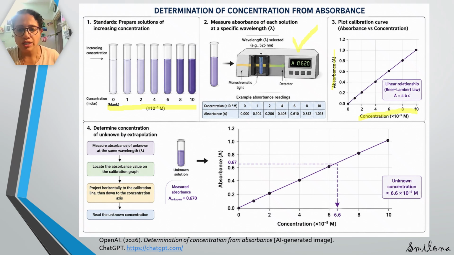This graph is what I call a standard plot or a calibration curve. Then I will take my solution of the same molecule whose concentration I don't know. I am going to measure its absorbance, and from the absorbance value on the y-axis, I am going to interpolate from a drop-down arrow the concentration of my unknown solution.